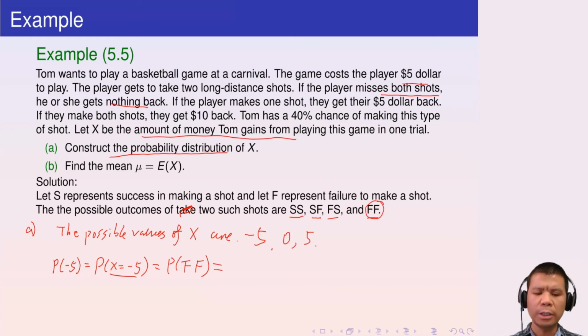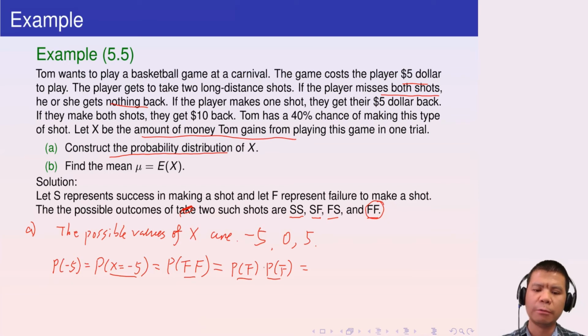We assume that the shots are independent, so it equals the probability of failing the first times the probability of failing the second. Because they're independent, we say that's the product.